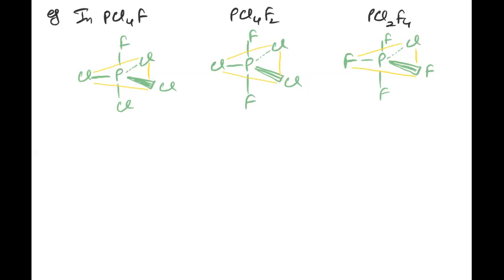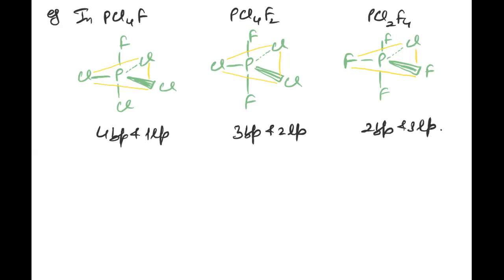Same if we have, let's say, 4 bond pair and 1 lone pair, 3 bond pair and 2 lone pair, or 2 bond pair and 3 lone pair of electrons. So one by one, take the examples: this may be SF4, this may be ClF3, and this may be XeF2.